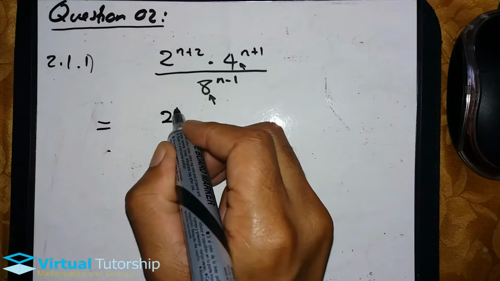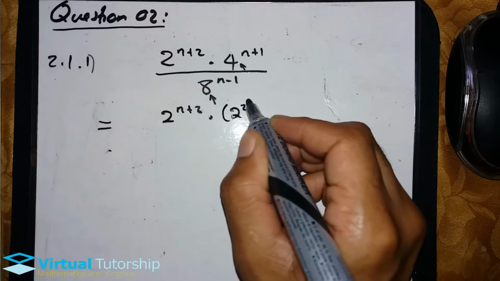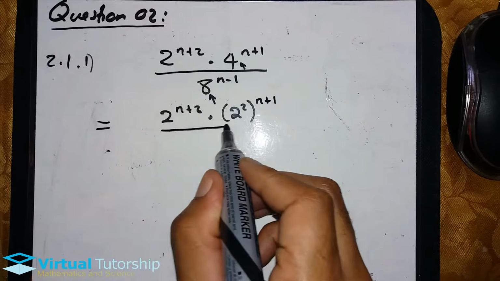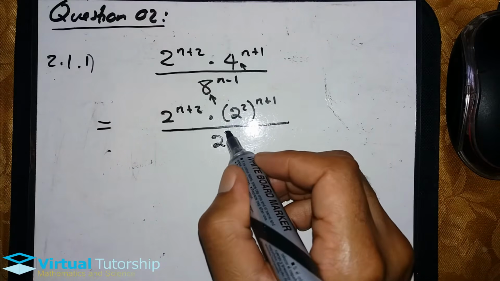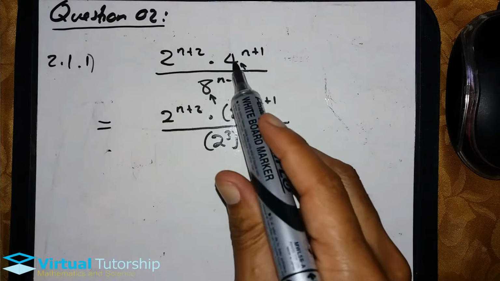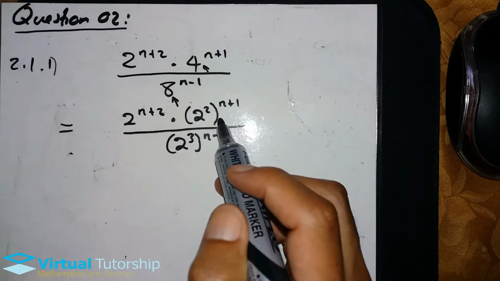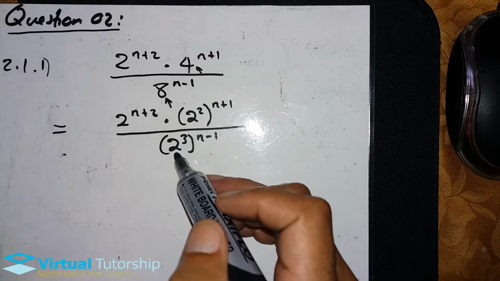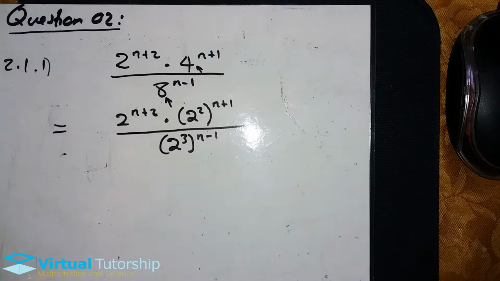So sizoba no 2 exponent n plus 2 times 2 exponent 2 exponent n plus 1, all divided by about 2 exponent 3 n minus 1. So 4 now I'm rewrite as a power with a prime base who's about 2 exponent 2, and then 8 now I'm rewrite as a power with a prime base who's about 2 exponent 3.